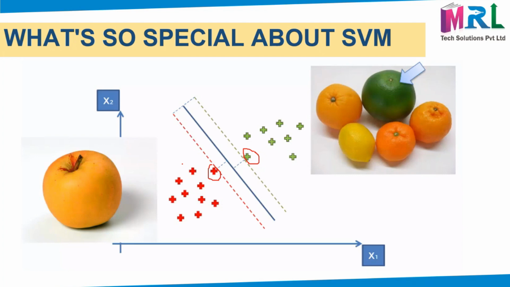Support vector machine considers only the most extreme cases in the data, and then it performs the classification. Second thing is it uses only two data points. There are multiple data points in the data set, but it uses only two to classify the data, whether it is an apple or orange.